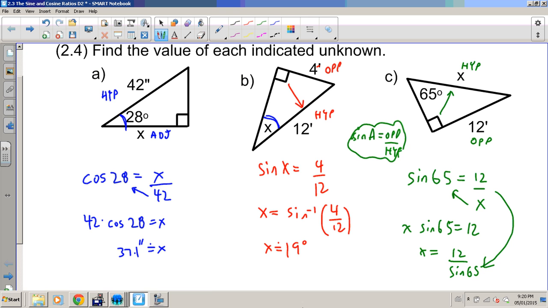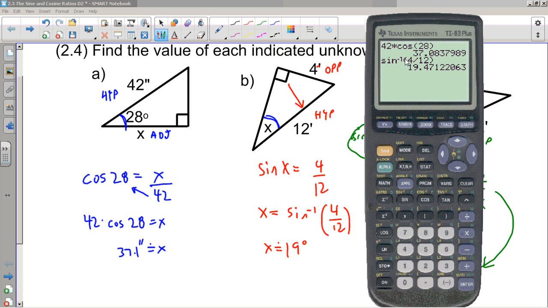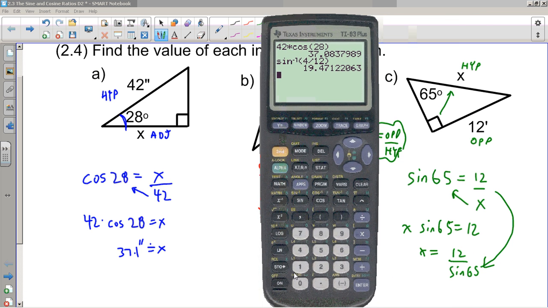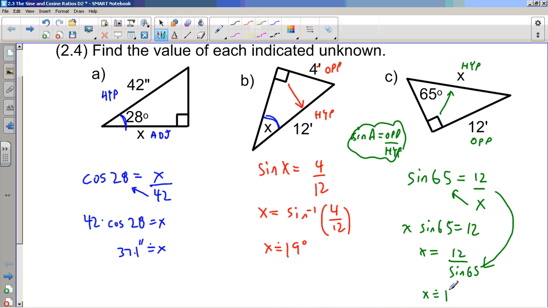And again, that's something I'm going to put in my calculator straight off. What was it again? 12 divided by the sine of 65. Oh, not 66, 65. 13.2. And notice, just like we mentioned yesterday, it's 13.2 feet.